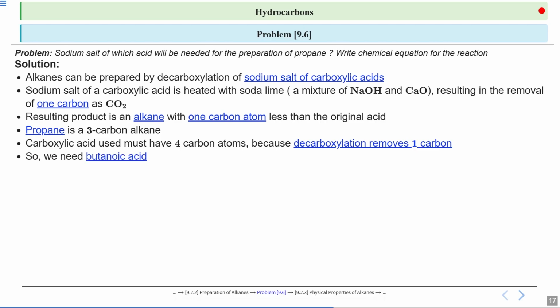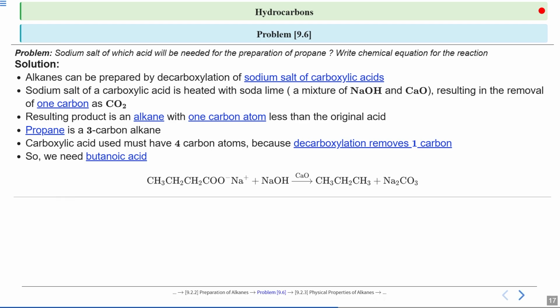Now, the sodium salt of butanoic acid, which has 4 carbon atoms, when it undergoes decarboxylation, what will it produce? It will produce propane because one carbon will be removed from it. You can see this in the given chemical equation. So, the sodium salt of butanoic acid reacts with sodium hydroxide in the presence of calcium oxide to produce propane and sodium carbonate. So, this equation visually represents the decarboxylation process.